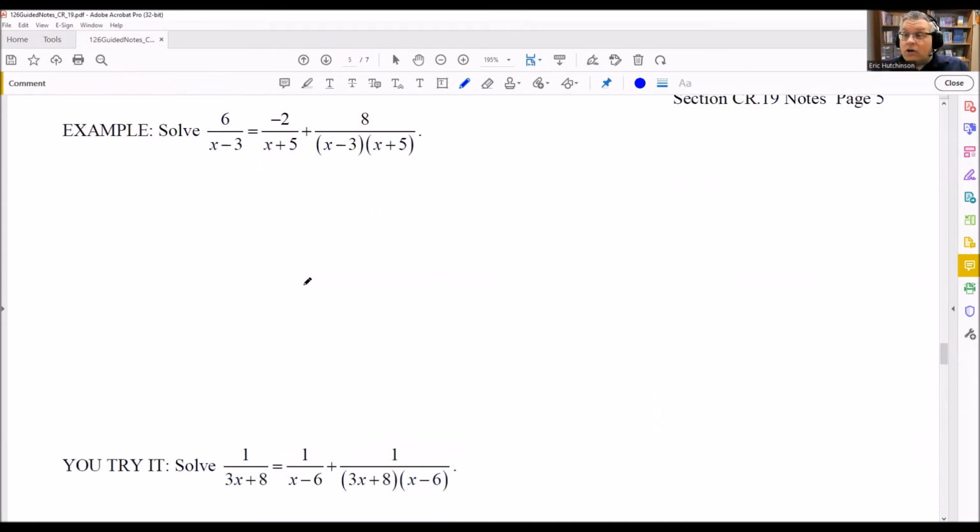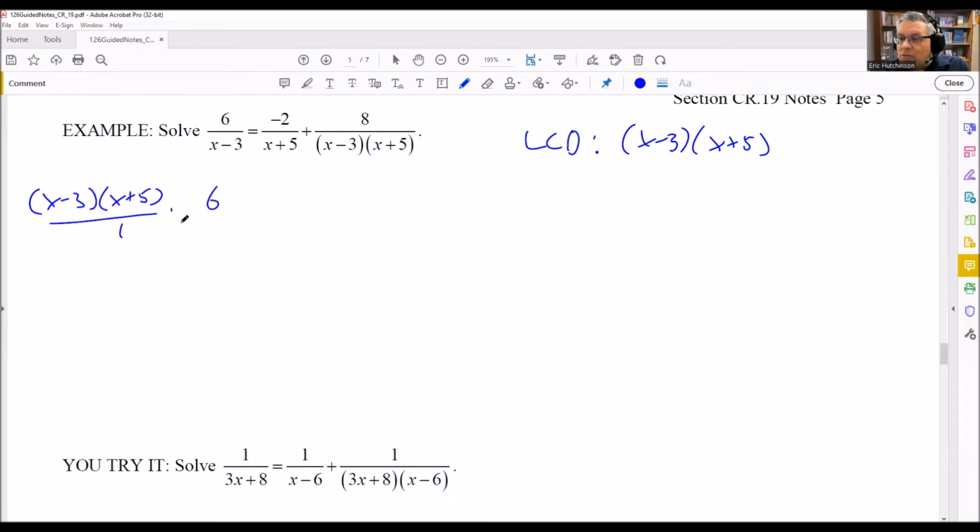Okay, so let's try another one. Now this one is already factored for us. So we see x minus 3, x plus 5, and you have x minus 3, x plus 5 here, which means our LCD is just going to be x minus 3, x plus 5. That's your LCD. I'm going to put this on all three sides of the equation: x minus 3, x plus 5, all over 1.